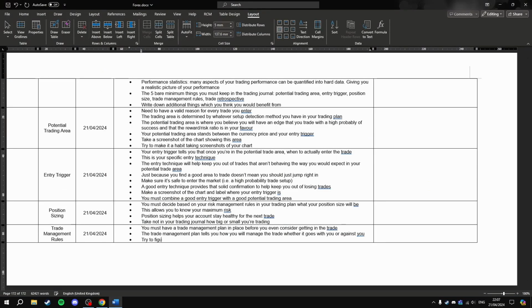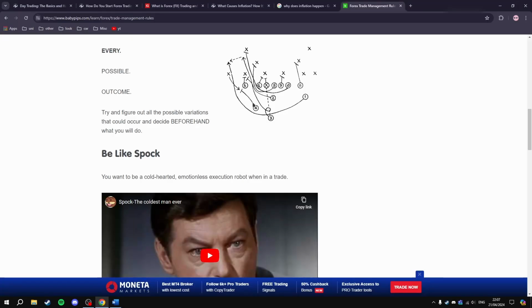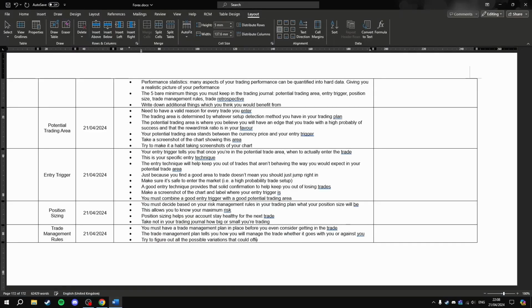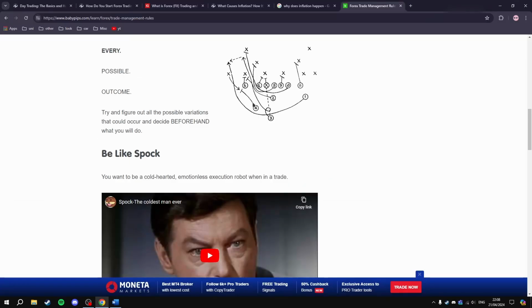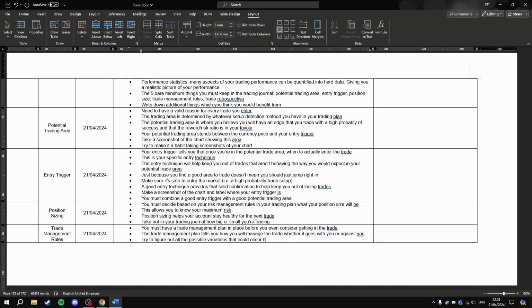So try to figure out all the possible variations that could occur beforehand, and decide before entering the trade what you will do.